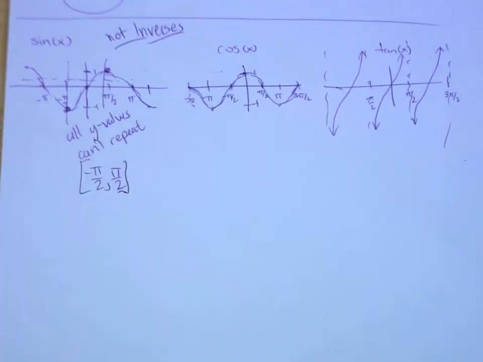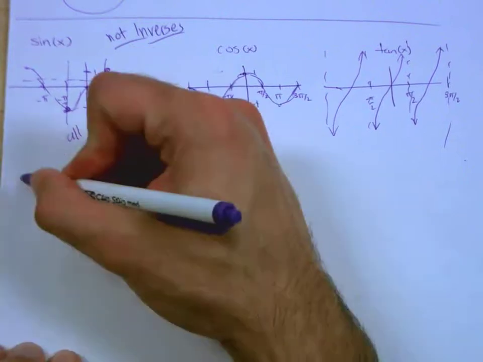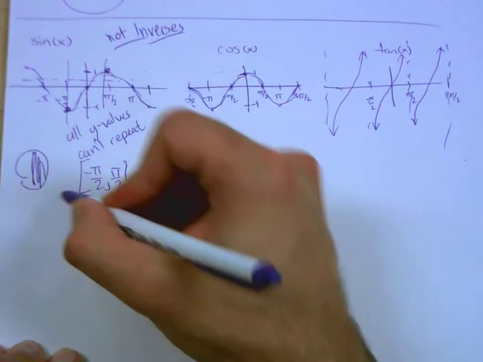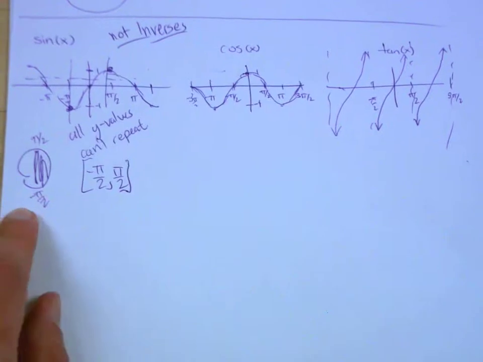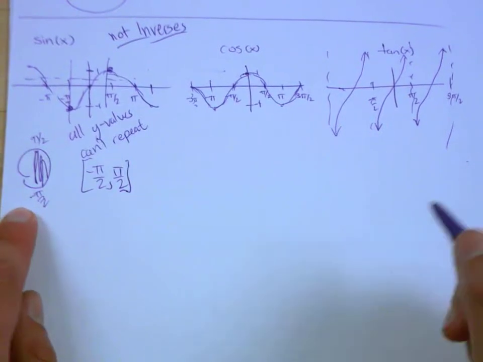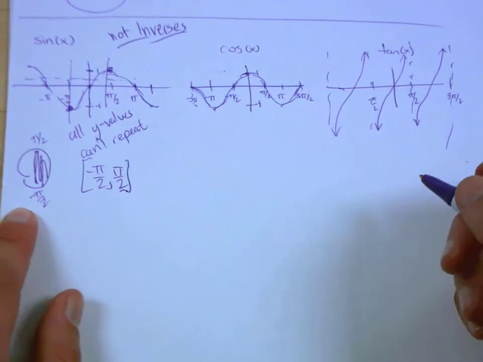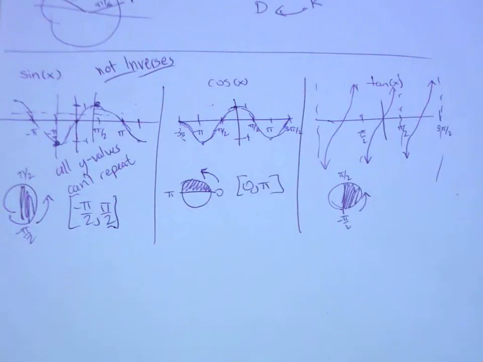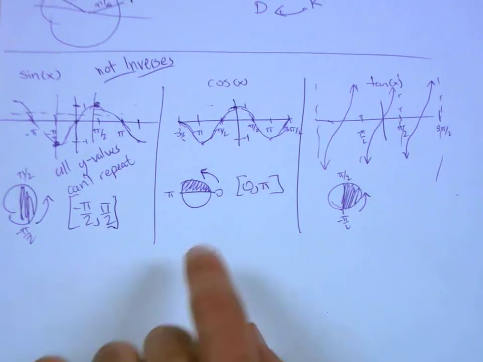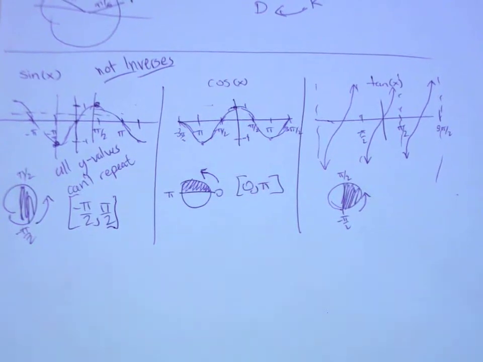Also take note that if I label that negative pi over 2, which it is, on the unit circle, I'm talking about the right half of the unit circle for sine of x. So go ahead and do this pattern likewise for the rest. There were plenty of acceptable values here, but I went with the standard conventions. You should add these to whatever solutions you came up with. The standard conventions are what we use every single time to find the inverses.